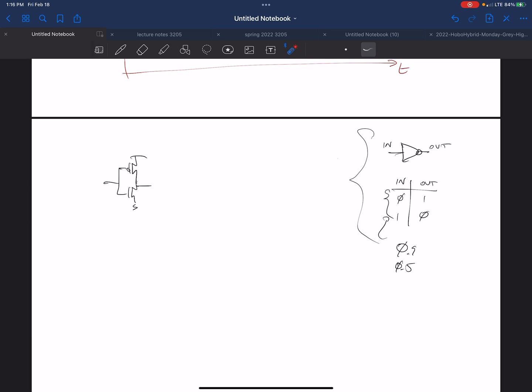As I go from a 0 to 1 in the real world, I cross something that you might call 0.9, if by 0.9 you mean 90% of whatever voltage I have for 1. I'll cross that point as this guy does its transition, but at no point, this is the 90% point.